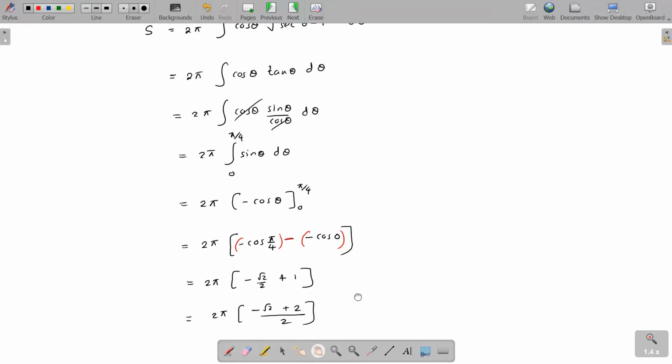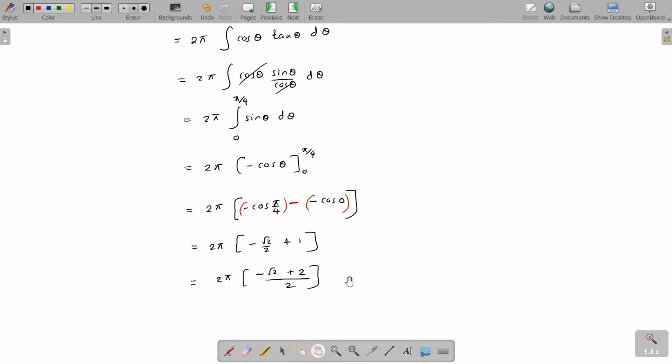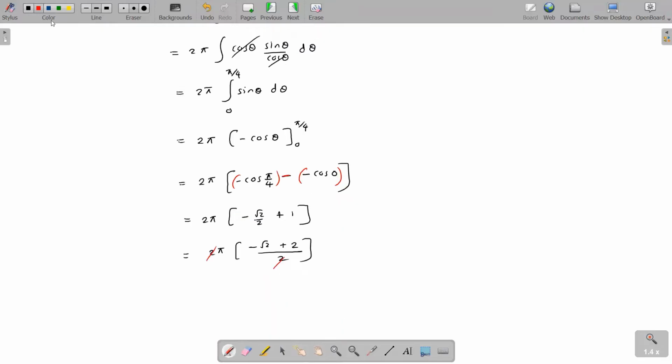I took the common denominator. Yeah, the 2 and 2 will cancel, and I get 5 times 2 minus root 2. Is this the show that?